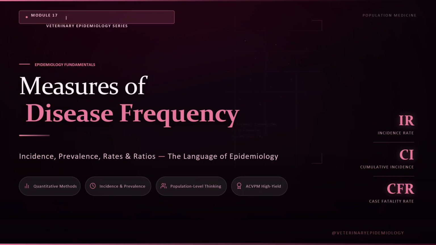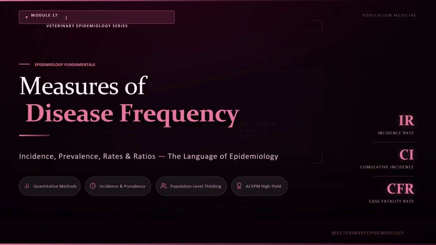Today, we're diving into measures of disease frequency. We're talking about incidence, prevalence, and rates. And I want to be upfront with you. This is one of the most important modules in the entire series. I mean that. If you had only time to master one topic before your ACVPM exam, this would be a strong contender because these concepts are the backbone of almost everything else in epidemiology.